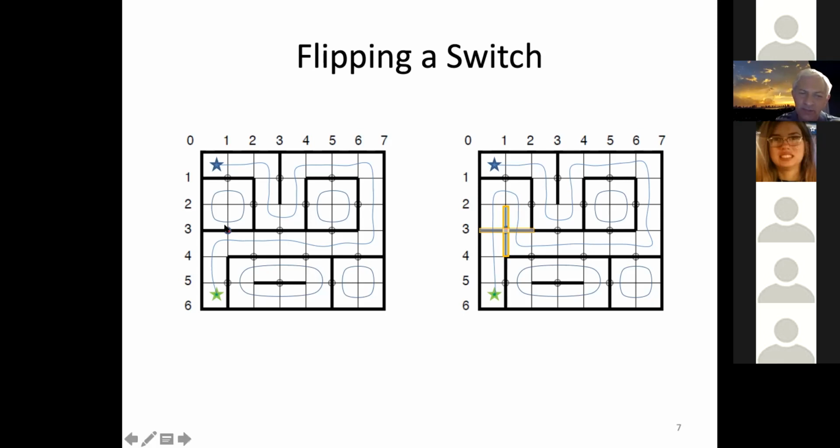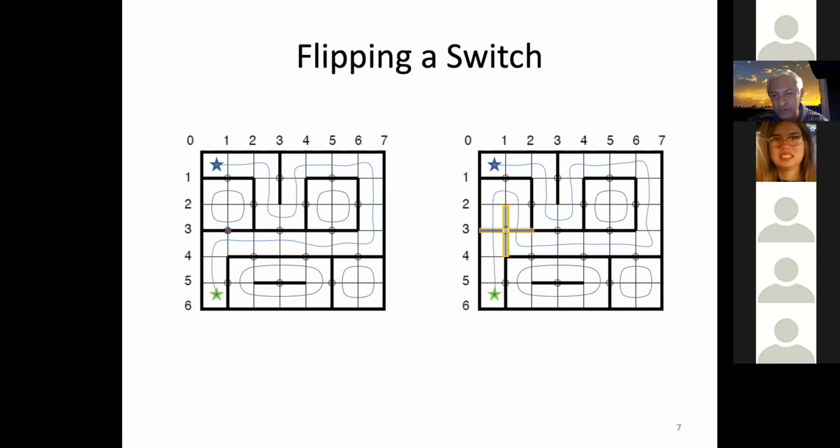As long as we pick a barrier that's on the outside of a cycle, along the border of this path, then we can get the path to go through that cycle. So essentially, we merged this cycle into the path. By doing one flip, we were able to integrate a cycle into our path.